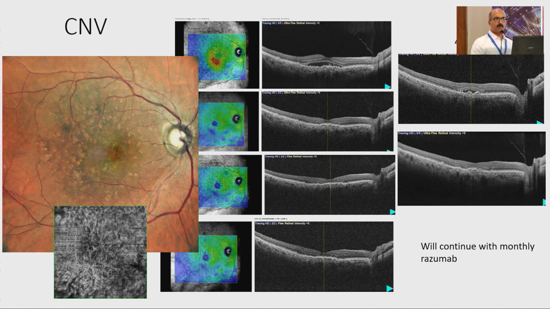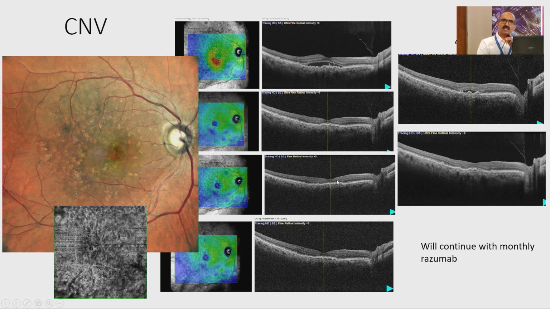So this patient, I explained all the anti-VEGFs available. So I talk about anti-VEGF to this patient, but the patient is willing to take only a biosimilar because of financial reasons.